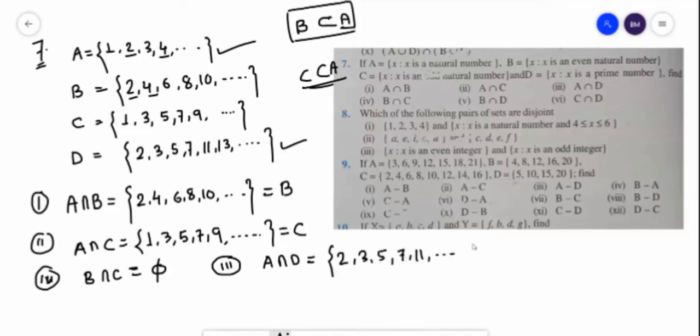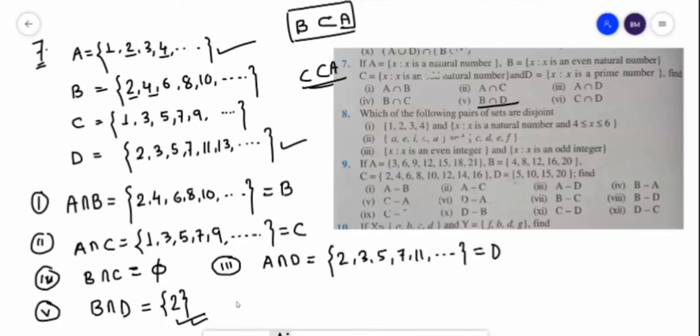So this will be equal to the set D itself. Number 5, B intersection D. B is the set of all even natural numbers and D is the prime numbers. So in this set only the even prime will be there, and that is only one element we can find, 2, which is both even and prime.